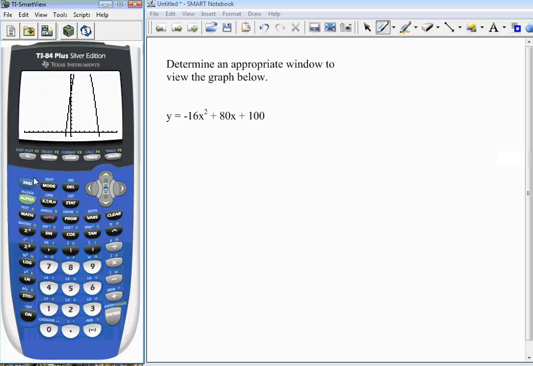Let's see if we can determine what the highest point is from the table of values. My table's at 30, so let me reset this. So I do second window. I'm going to start my table at 0, and the change in table is going to be 1. Now we can go back to second graph. Okay, so do you see I have some values in here that are 196? Looks like it goes up to 196 and then comes back down.